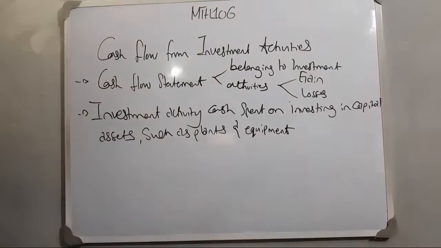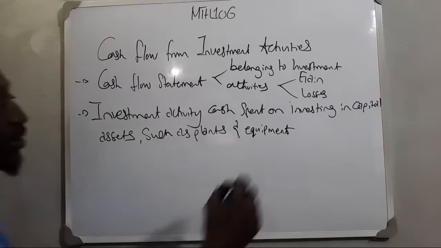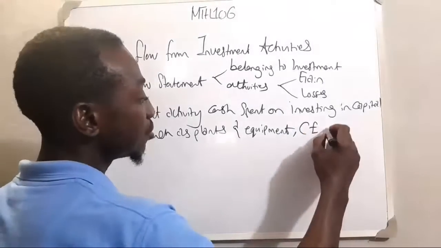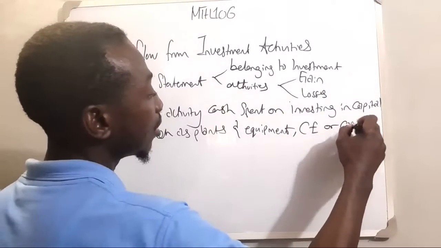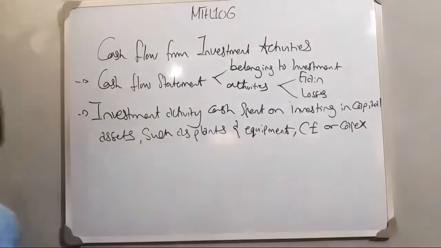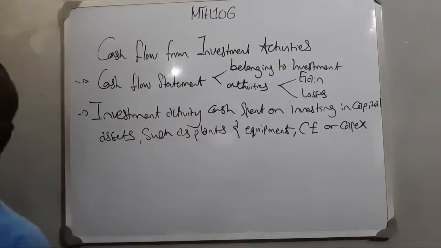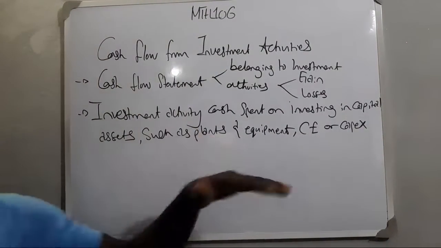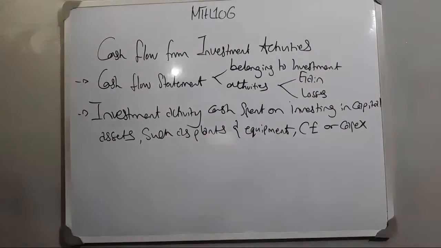These are investments when you spend money on capital assets such as plants and equipment, also referred to as capital expenditure, or capex. Then you can refer to that action or activity as investment. Okay, now we have that as that.